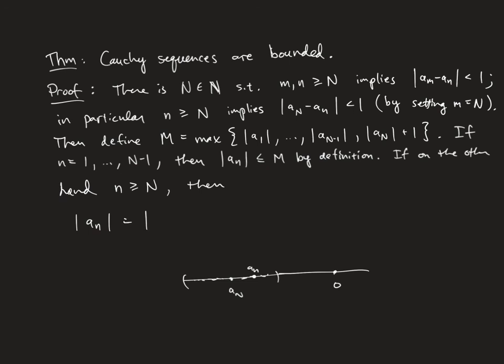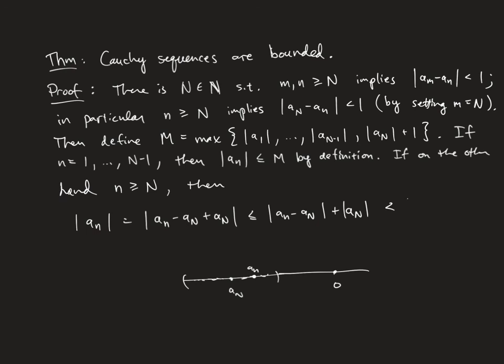So formally, I can say this is a_n minus a_N plus a_N. That's less than or equal to this plus a_N in absolute value. And we know that this is less than 1, right? So we have this thing is less than 1 here.